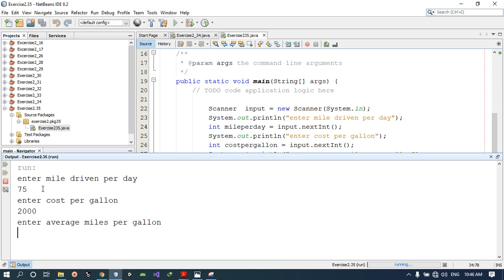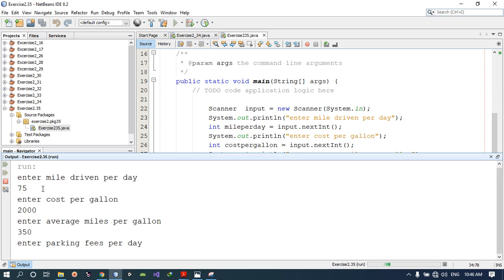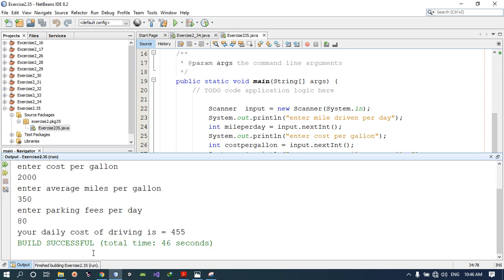With 1 gallon of oil we can drive about 400 miles, so I take 350 miles per gallon. Enter the parking fees. So we do 80 rupees. Now your daily cost of driving is 455 rupees.